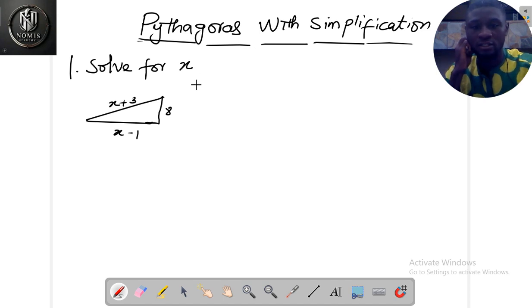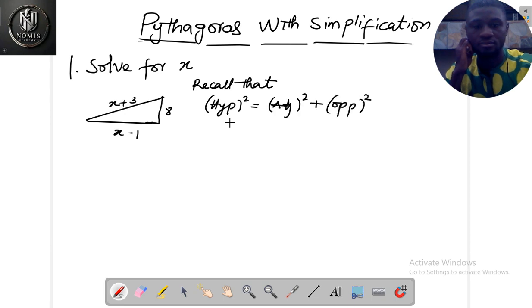Therefore, recall that hypotenuse squared is equal to adjacent squared plus opposite squared. So what do we have as our hypotenuse here? x plus 3 all squared equals adjacent, x minus 1, all squared, plus our opposite, 8 squared.